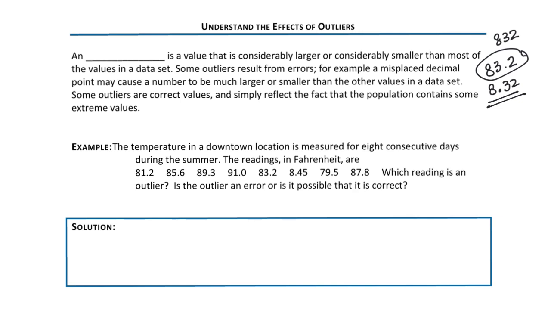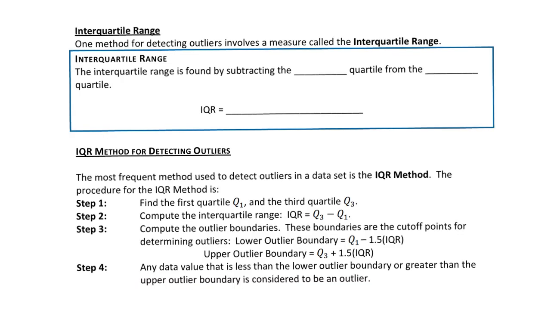So, we can say 8.45 is an outlier. It is likely that the decimal place is misplaced. The outlier should be corrected if possible or deleted. So, the outlier is certainly an error. One method for detecting outliers is called the interquartile range.